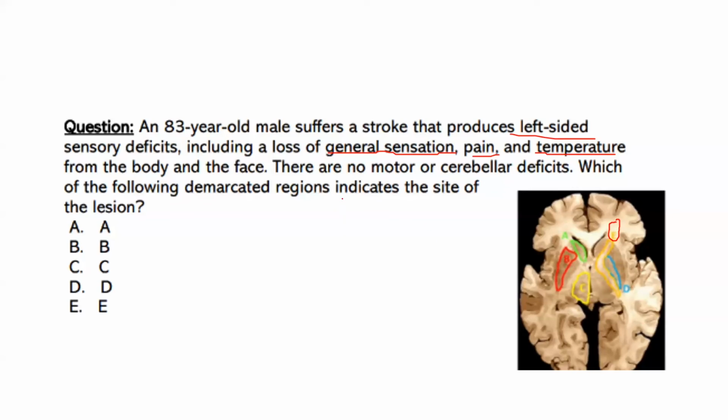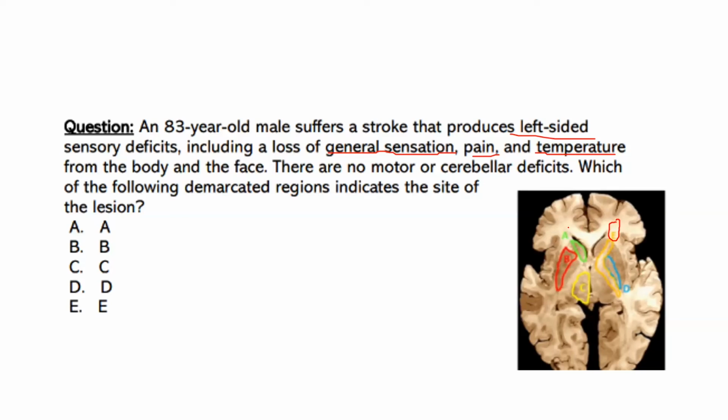Okay, so in this case, since we have sensory deficits and a complete loss of general sensation, we're looking for a structure that's related to that, right? And so B, D, and E are all going to present with motor deficits, as well as A, which is the caudate.